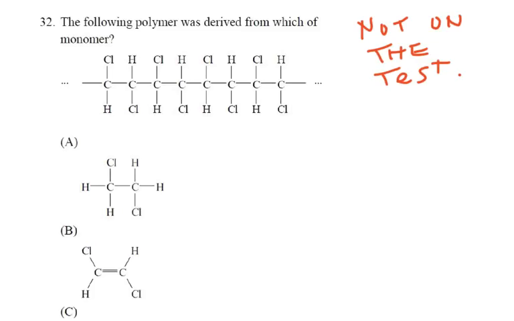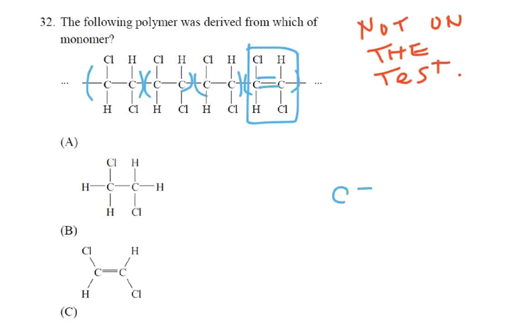32, the following polymers. Now, real quickly, this is not going to be on the test. We were talking about polymers because you ought to know about polymers. That was derived from which of the following monomers? So what we do is we would look at these and see that this is kind of repeating here and here and here and here and here. So each of these little pieces would look like the original monomer, but we'd have a double bond in between.